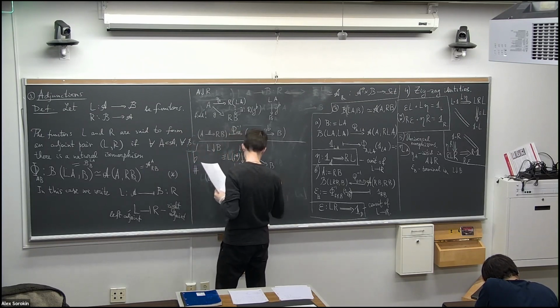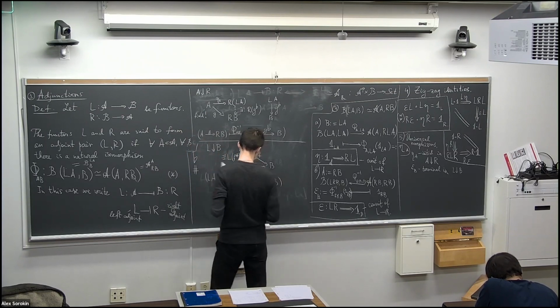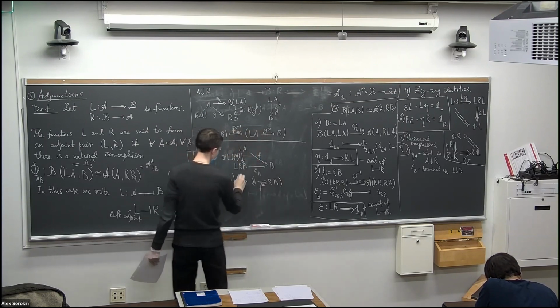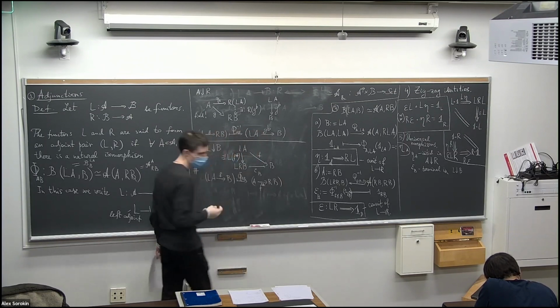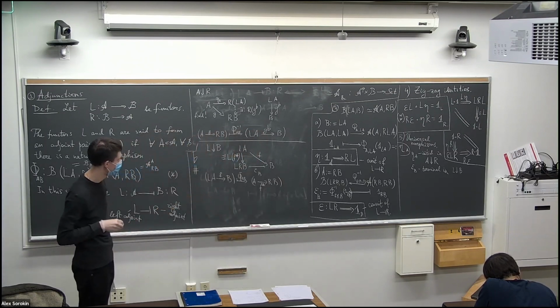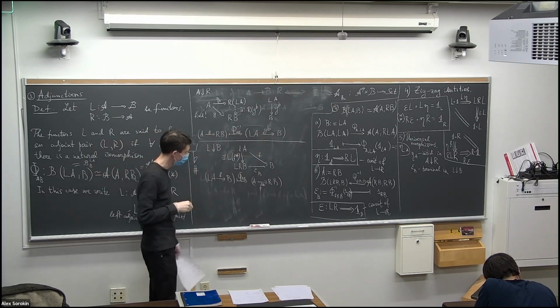And here will be A. So it is phi AB, not phi minus 1, but phi. Well, that's it.